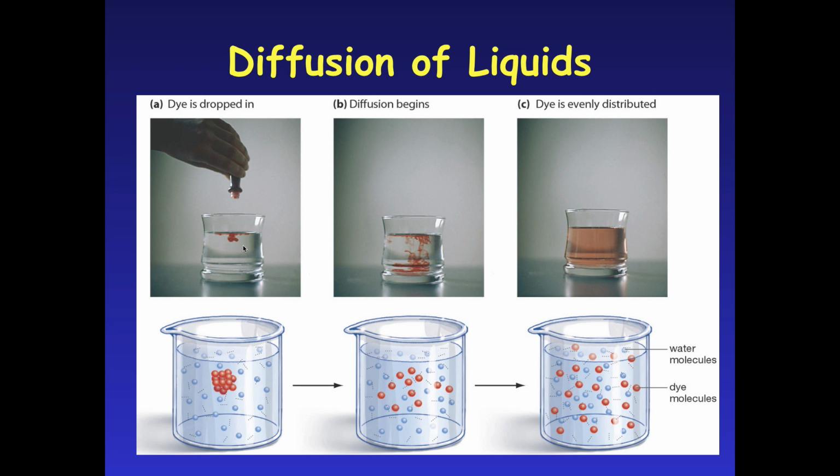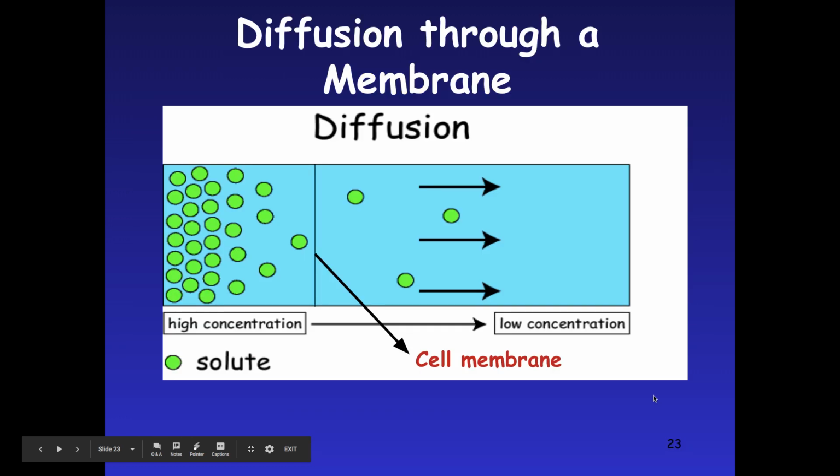We put a little bit of dye in the water, and it starts off as a very concentrated blob in the water. And then it starts moving out from its high concentration to its area of low concentration. And eventually, if you wait long enough, the whole glass of water is evenly colored, right? It's maintained a state of equilibrium.